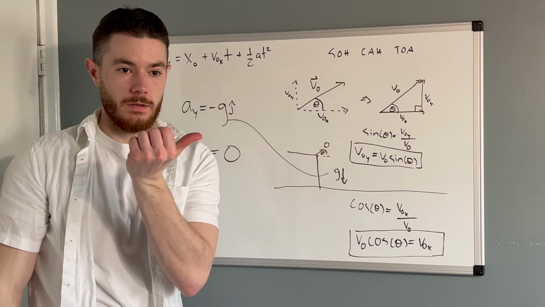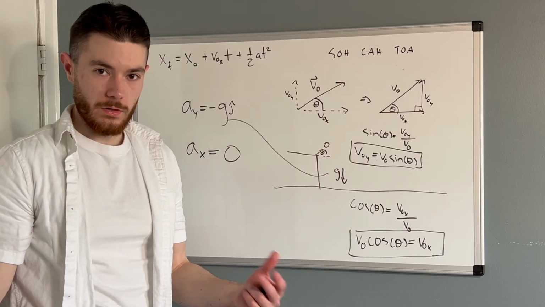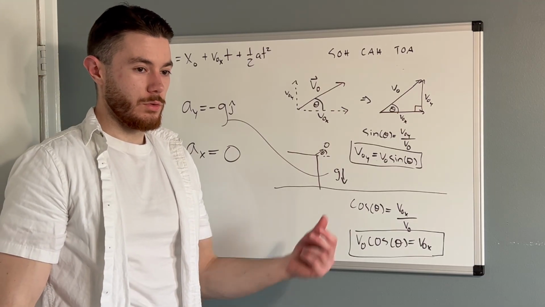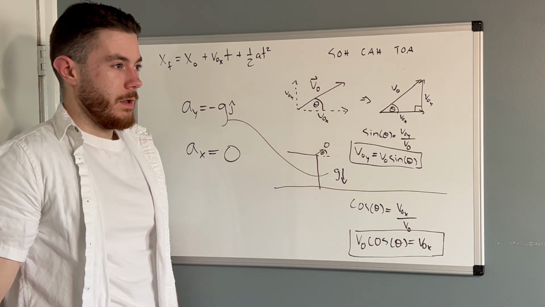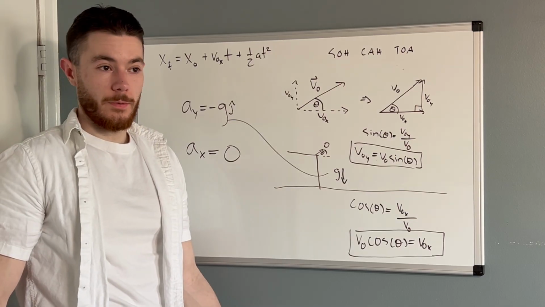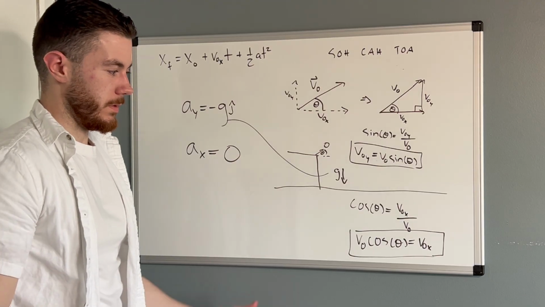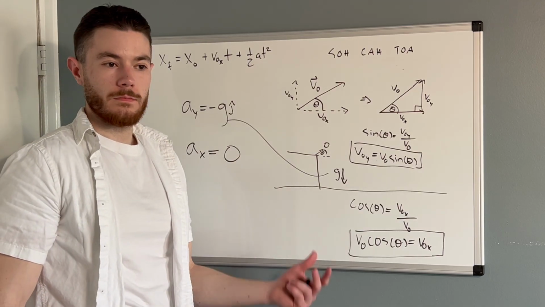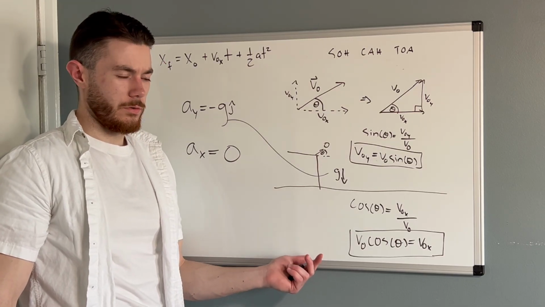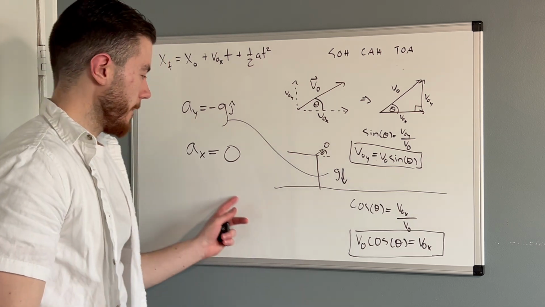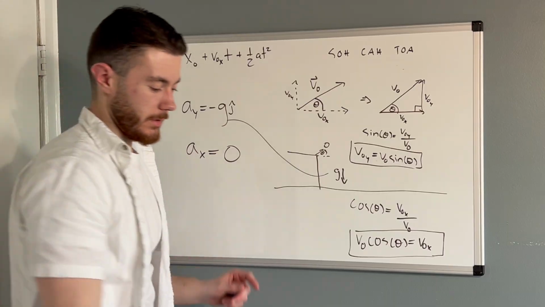In real life, things do slow down or speed up horizontally. Air resistance slows things down. Brakes from a car slow things down horizontally, but in simple problems that you'll see in high school or early college physics classes, generally you ignore air resistance. So 99% of the time, the acceleration in the x direction is going to be 0.